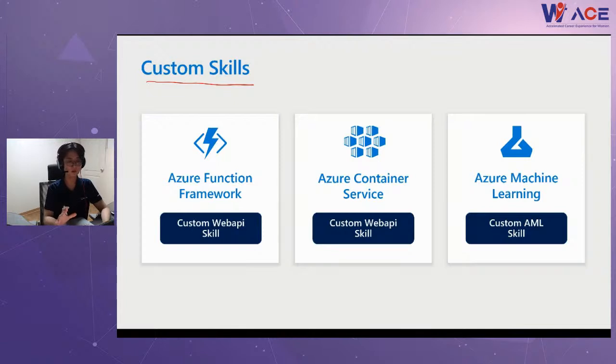Let's say you already have an AI module that detects some information on your premises, then you can just expose it as a web API so that you can add it as your custom skill. Or you can implement custom skills with other Azure resources like Azure Functions, Containers or Azure Machine Learning services.